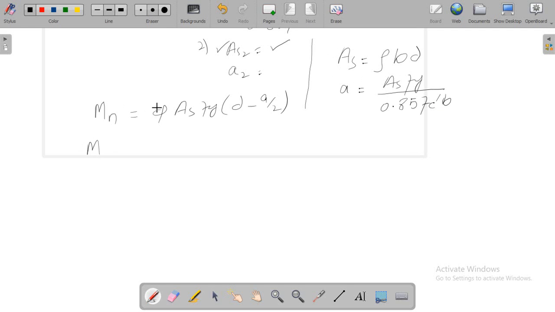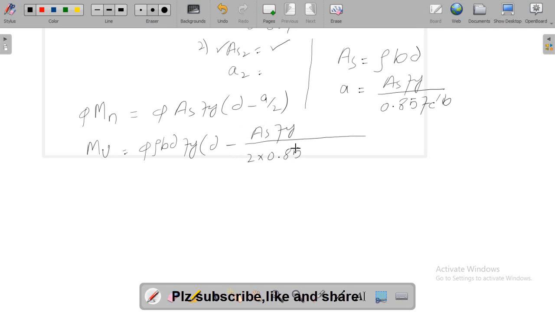When we are using the factor phi, this Mn becomes Mu. We can replace Mn with Mu, so here we have phi rho b d fy into d minus, and we are just plugging in the value of a, so a is rho d fy divided by 2 times 0.85 fc' into b.